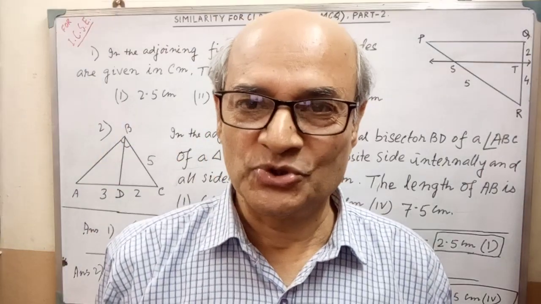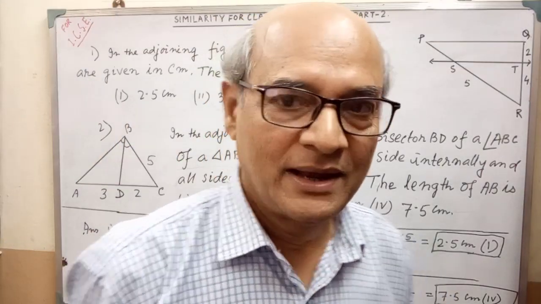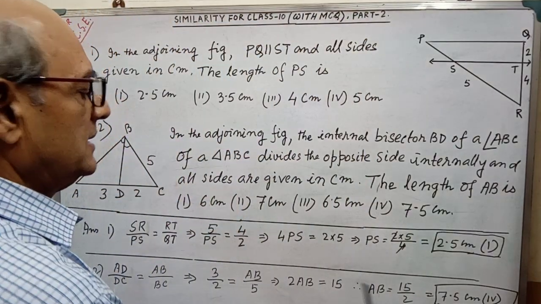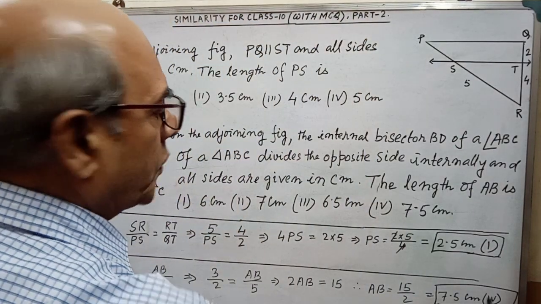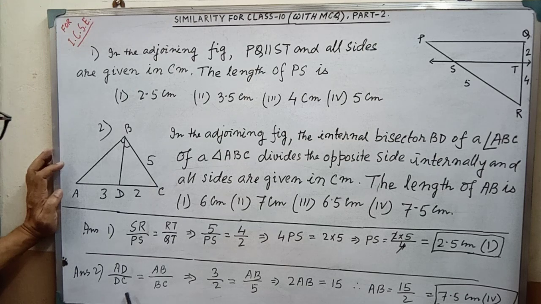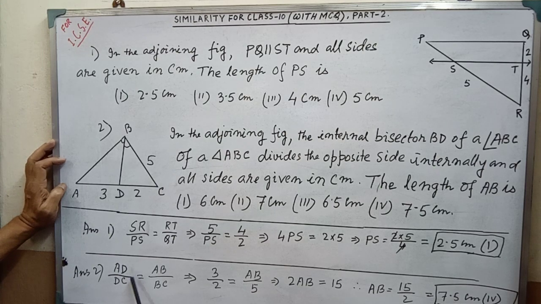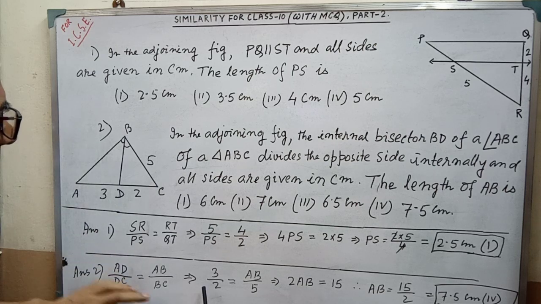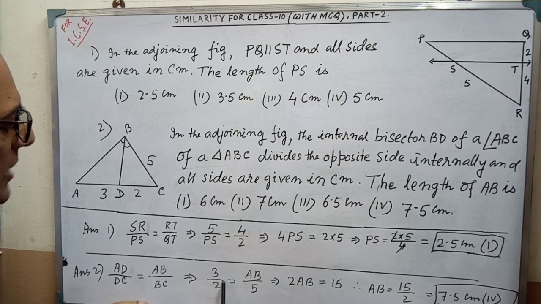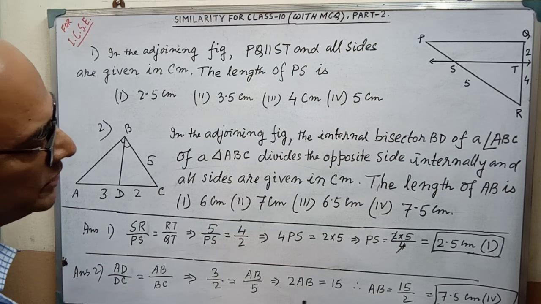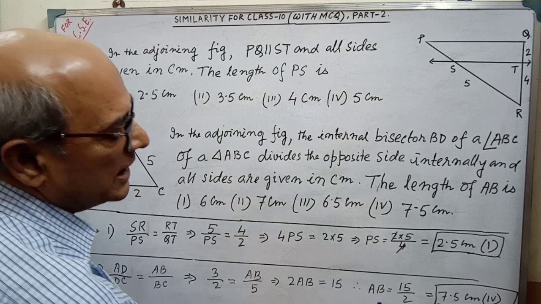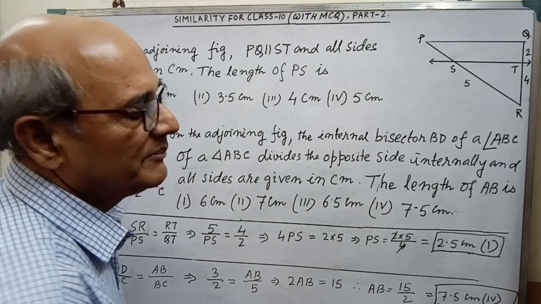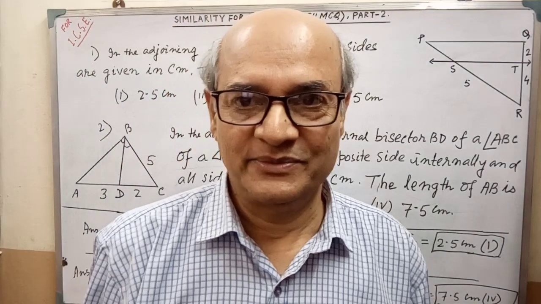You have to choose the correct one. See, this answer for part 4 and reason, that is AD by DC. This is coming from the theorem, AB by BC. After writing this, then relevant values you have to put. After putting in and simplifying, the value of AB is coming 7.5 centimeter.